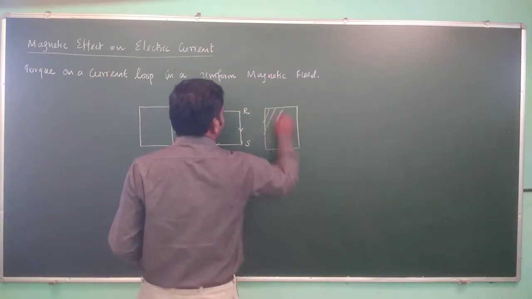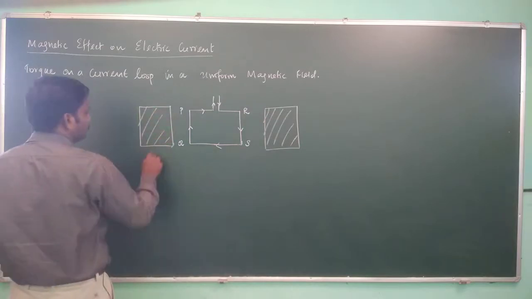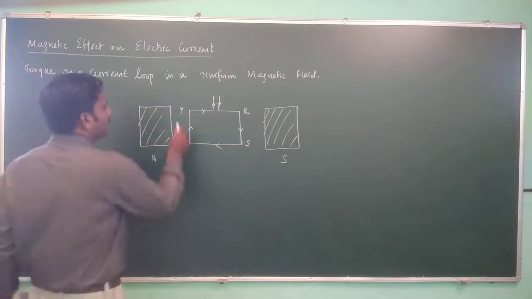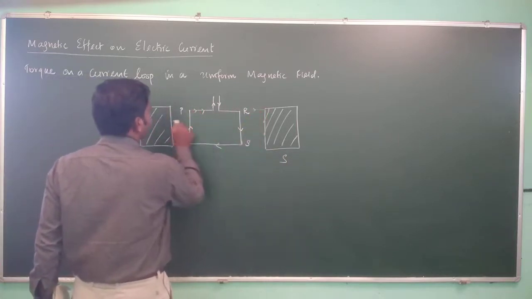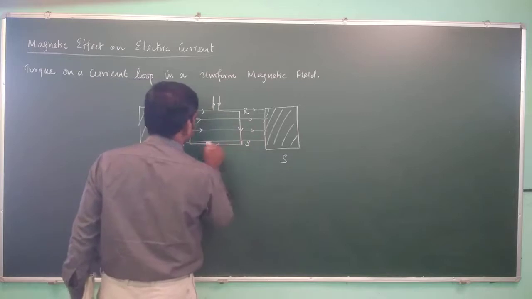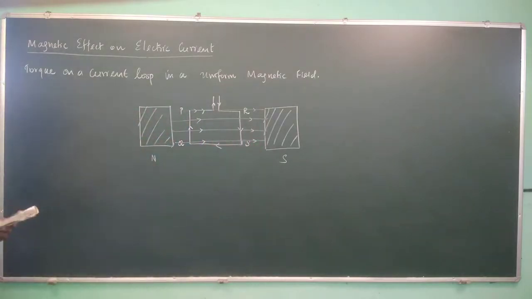So this is the magnetic field, this is the north pole, this is the south pole, and the magnetic field lines traverse from north pole to south pole. Okay, this is the experimental setup.